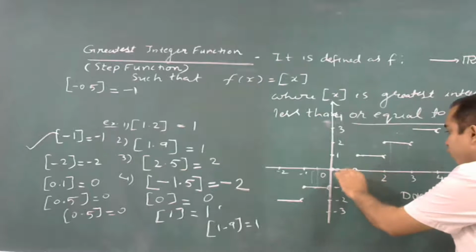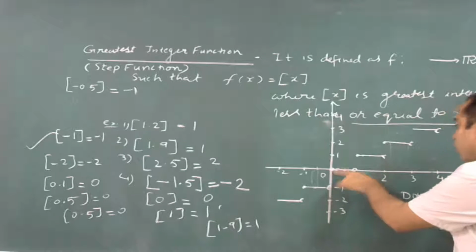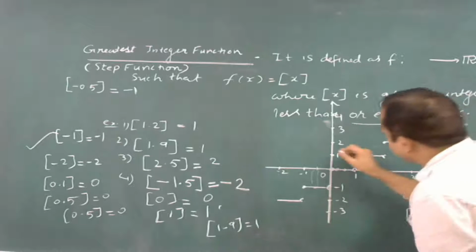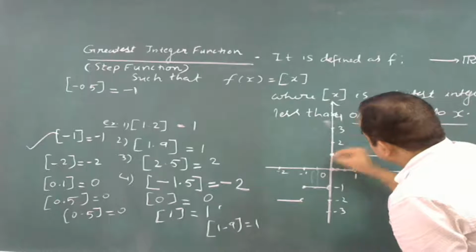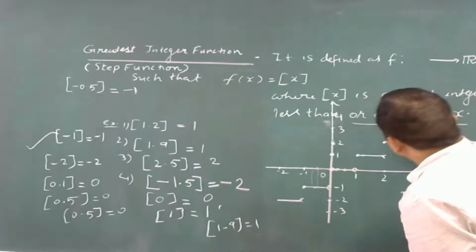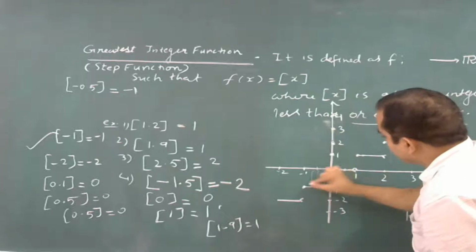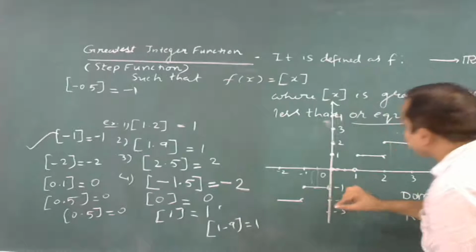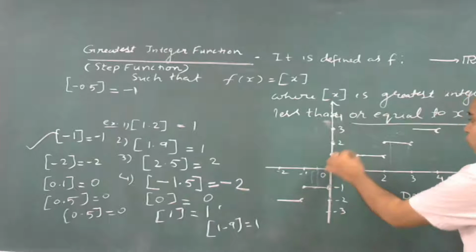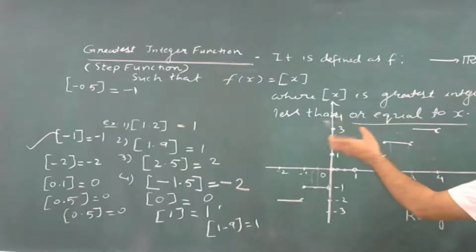Range. To find the range, drop the perpendicular from the points of the curve on the y-axis. From here, if you drop the perpendicular, it will fall at 0. From these points, it will fall at 1. From these points, it will fall at 2, 3, 4, minus 1. Only these many are the image points. Between 0, 1, 2, the points are not image points.